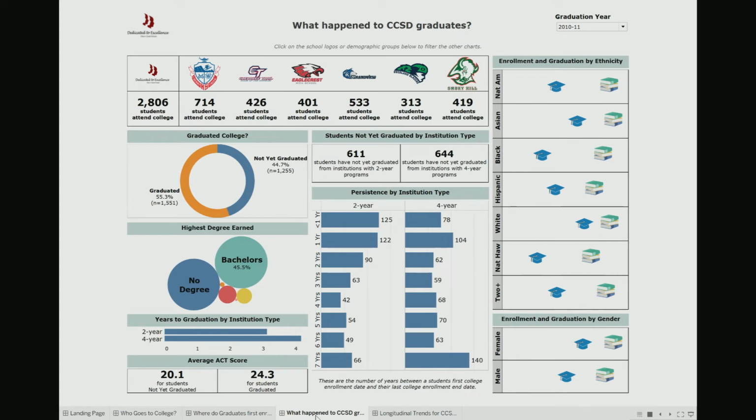And depending on what data you're looking at, somebody can say, well, we're not doing a good job with our Hispanic students because not many of them are actually getting into college. And that is even more relevant because they're actually our second highest demographic in our district overall.